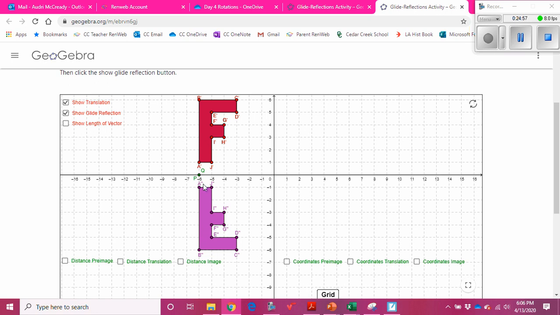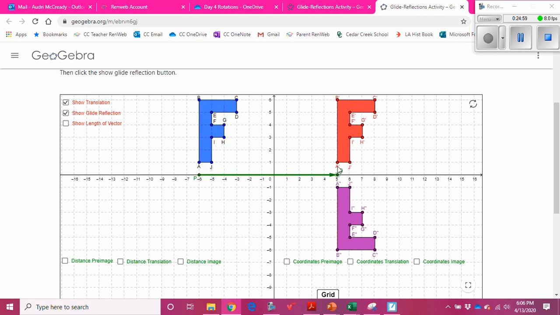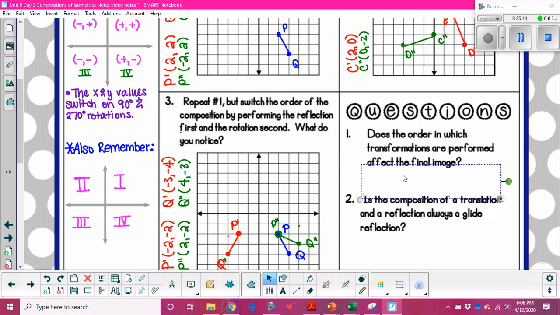And then we translated second. It still would have looked the same way. Because our line of reflection and the direction of our translation were parallel in a glide reflection, it did not matter which one we did first. So looking back at the notes, does the order in which transformations are performed affect the final image? Yes, unless it is a glide reflection.